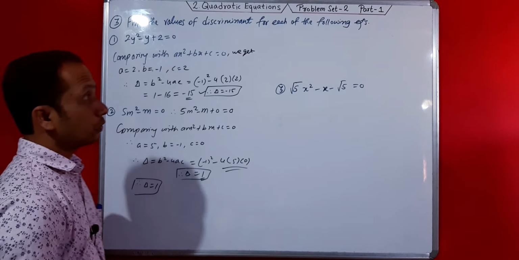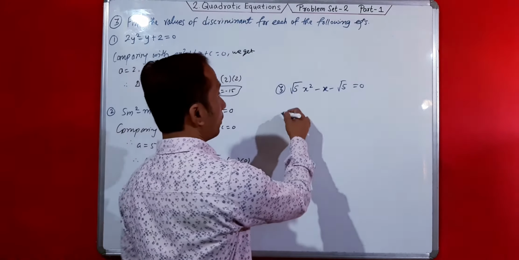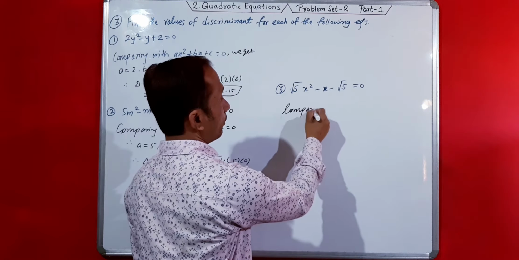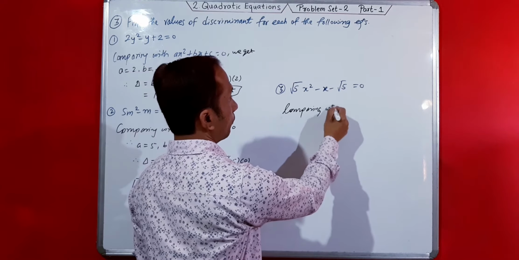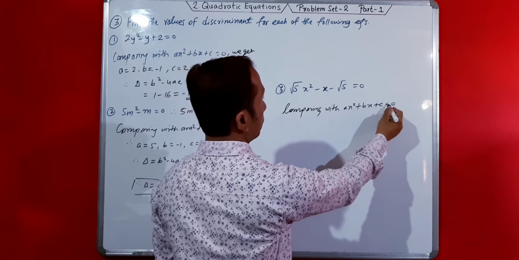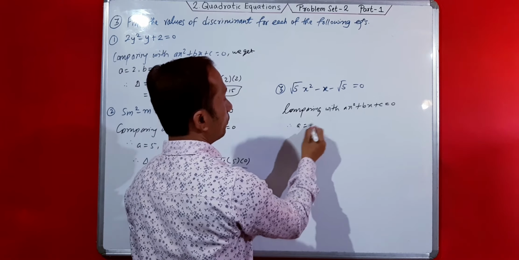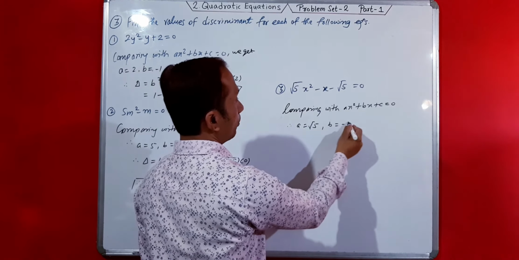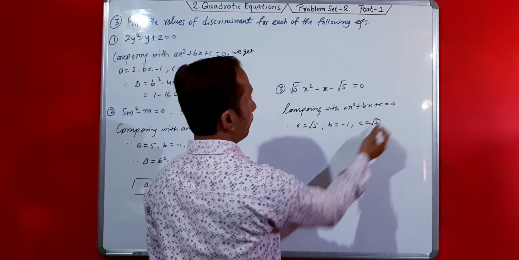Come to the next. Comparing with ax square plus bx plus c is equal to 0, a is equal to root 5, b is equal to minus 1, c is equal to root 5.